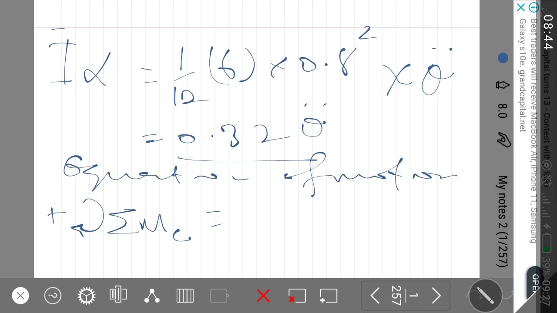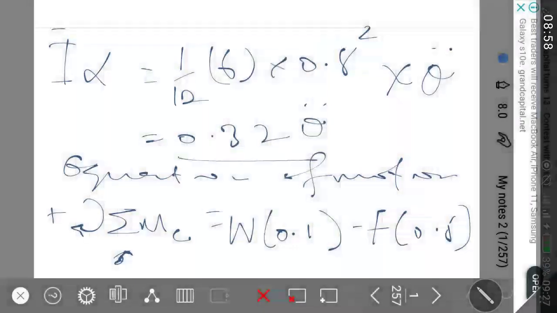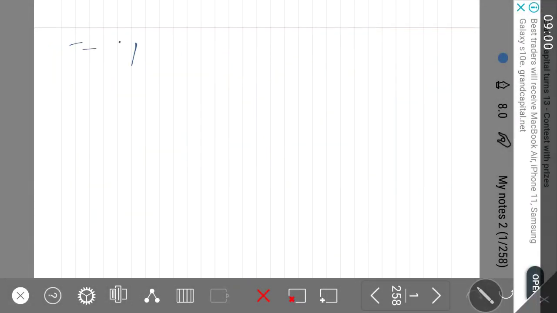So we will have W times 0.1 minus F times 0.5 is equal to that plus this.